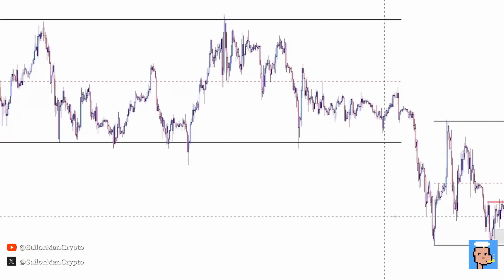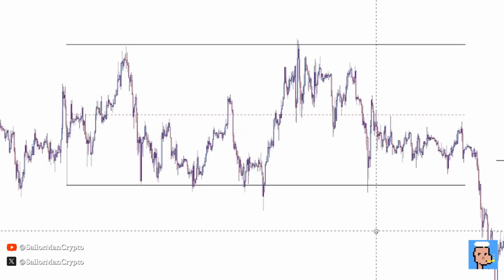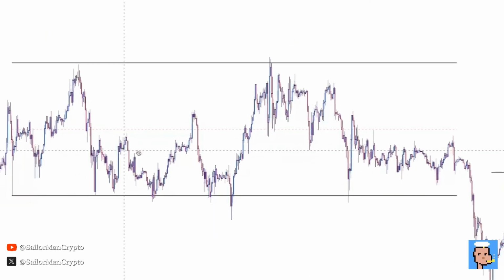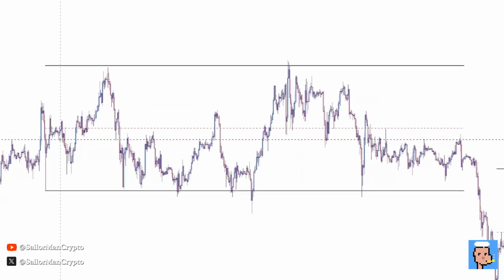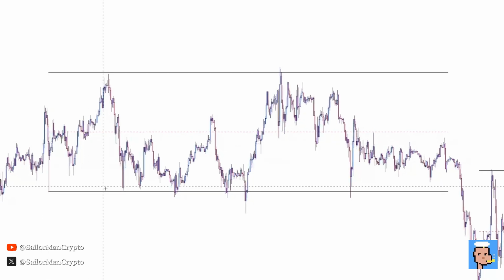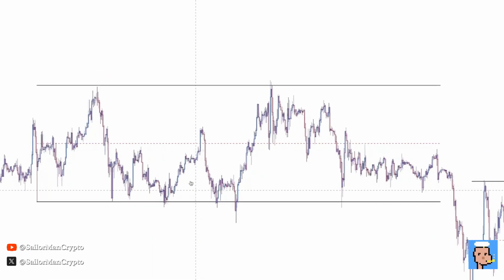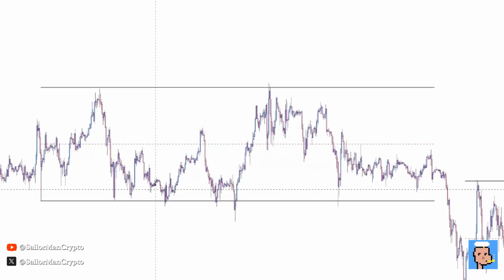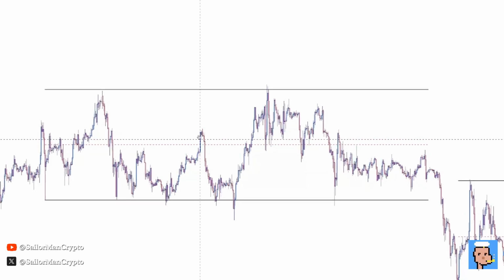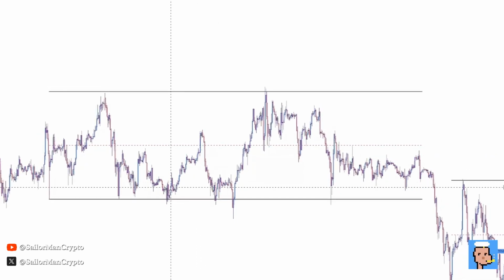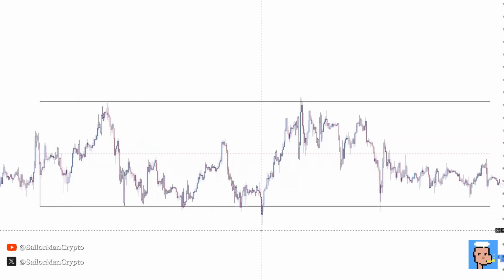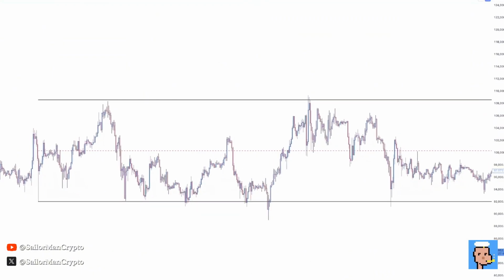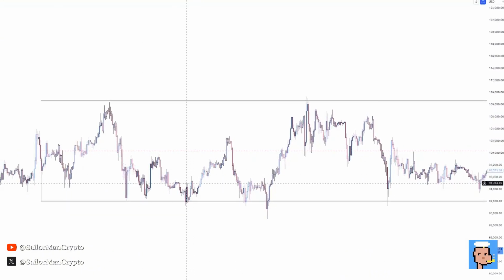Let's look for some other deviation. So this was the long range Bitcoin was trading in back in December. We did have some sweep here, and it was kind of a fake. But you could also say, for educational purposes, we did have here a small market structure break.